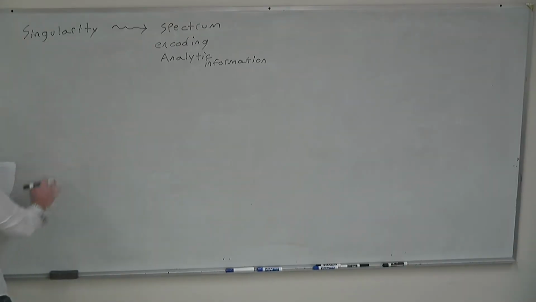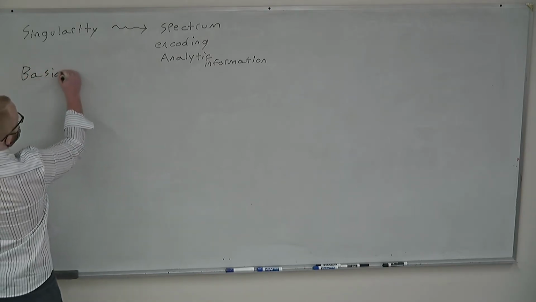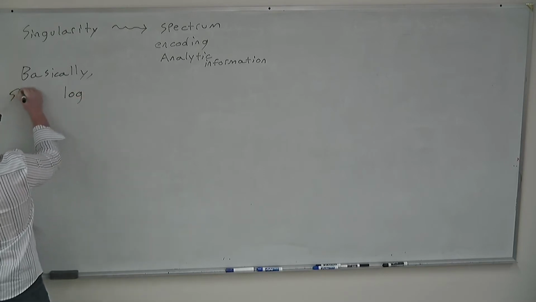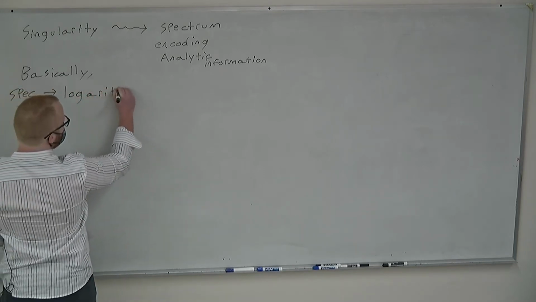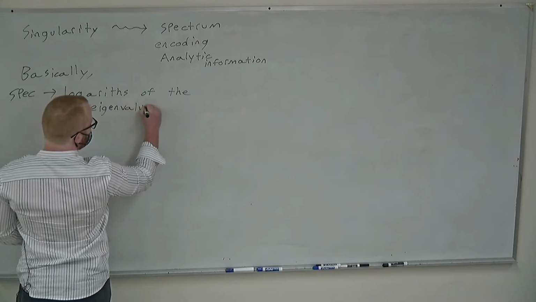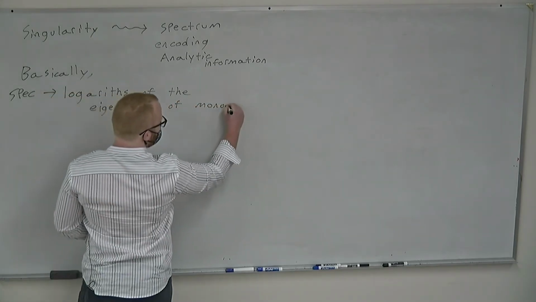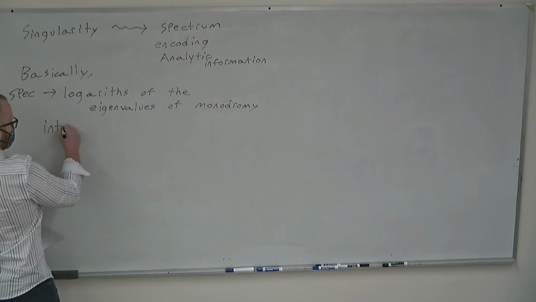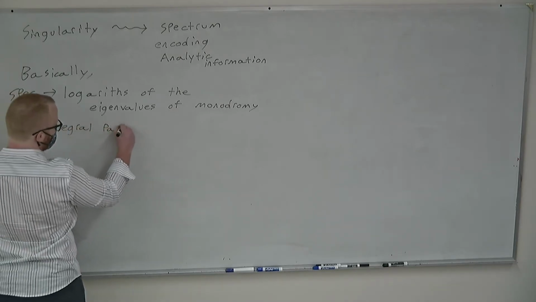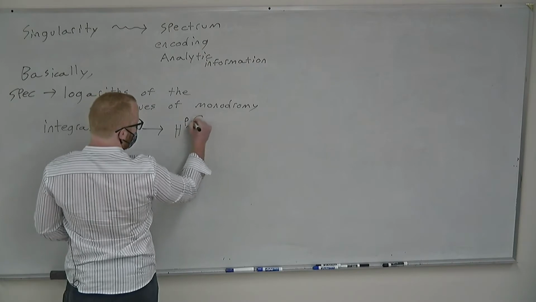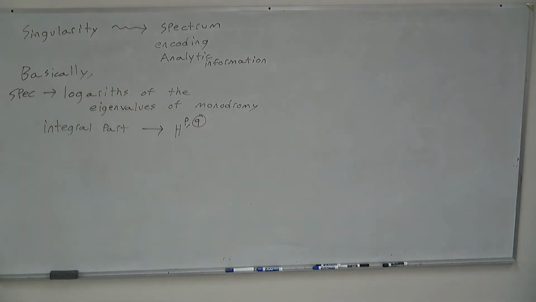So I won't go over how these are defined, but basically, the spectrum is logarithms of the eigenvalues of monodromy, and the integral part is given by the portion of the mixed Hodge structure, the qth portion.